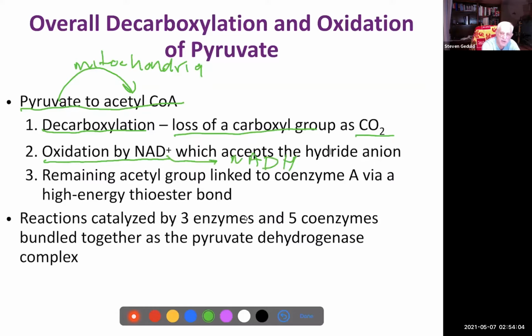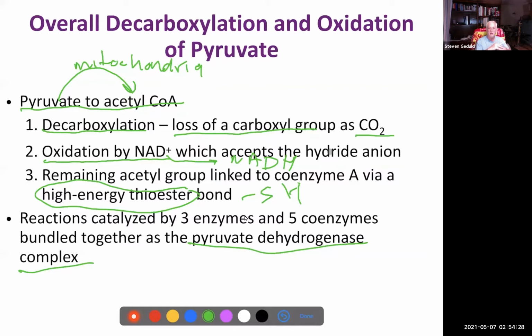The remaining acetyl group linked to coenzyme A is a high-energy thiol ester bond. It attaches to that SH linkage and becomes a high-energy bond. Reactions are catalyzed by 3 enzymes and 5 coenzymes bundled together as the pyruvate dehydrogenase complex. So these 3 enzymes and 5 coenzymes come together, and they form a pyruvate dehydrogenase complex.